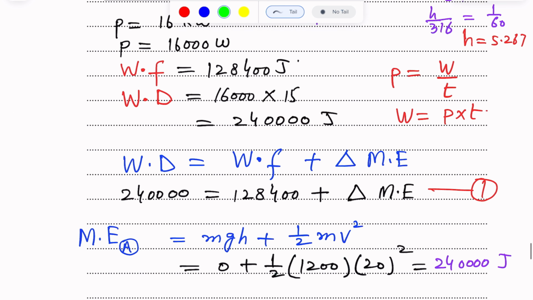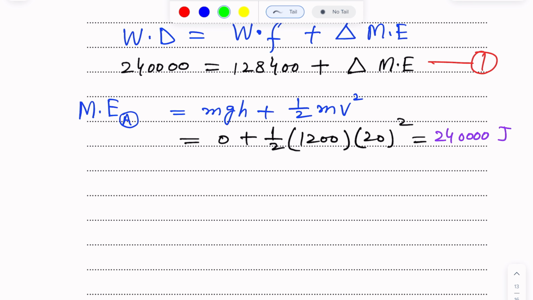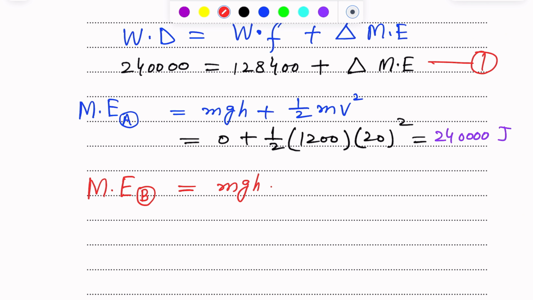Now we will find the mechanical energy at point B, the sum of potential energy and kinetic energy: mgh plus 1 over 2 mv square. For mgh we have m, g and h.